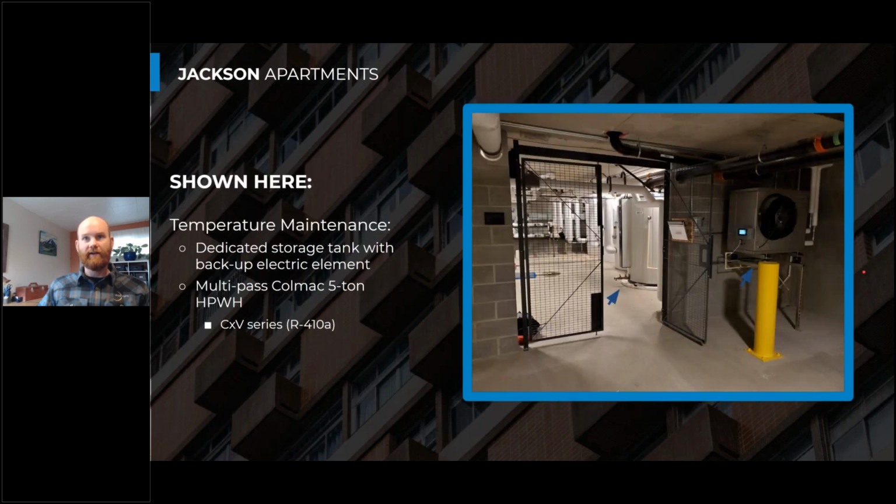And so looking at our temperature maintenance system, we have this electric resistance tank, which is acting as our temperature maintenance storage tank. We made it an electric resistance tank because the owner wanted full backup. And so that's how we are backing up this heat pump water heater, which is our temperature maintenance heat pump water heater. You can see that it's smaller than our primary heat pump water heaters because it's serving a smaller load.